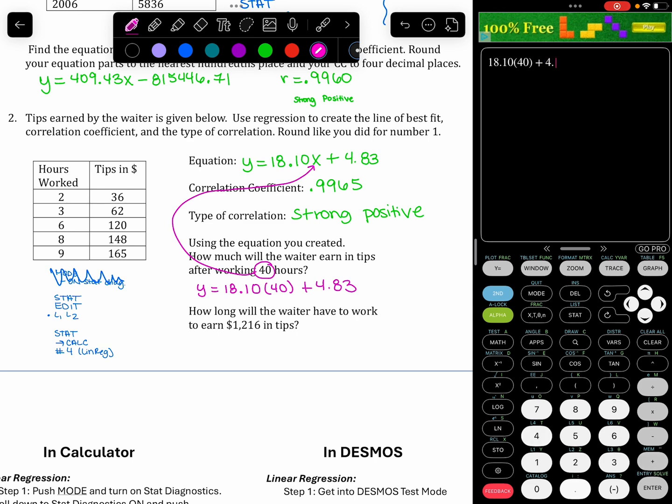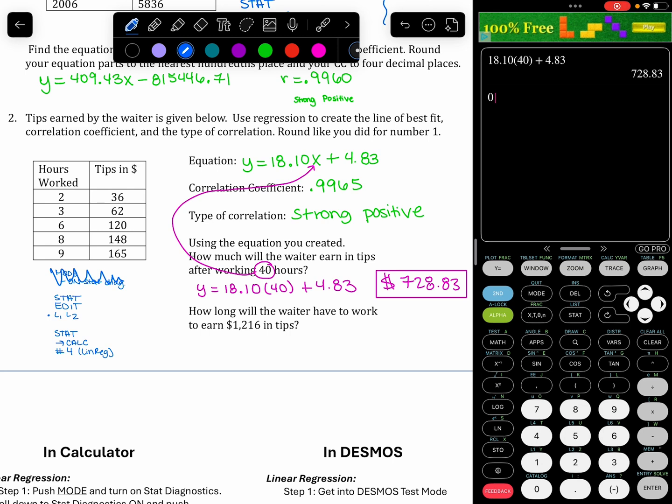There's another way to do this as well, but this is the way that I do it. That'll be about $728.83.